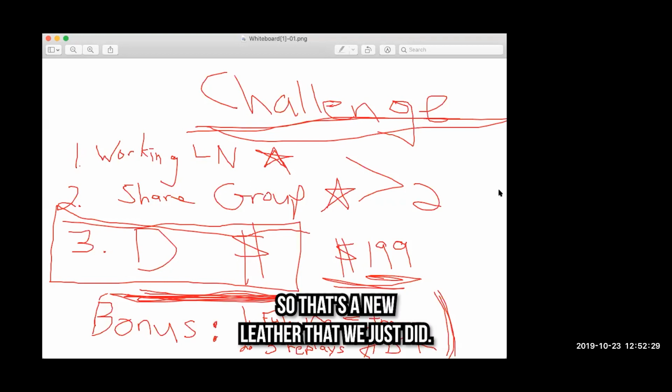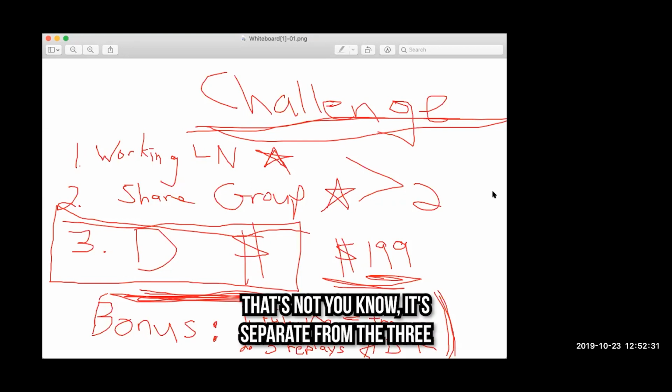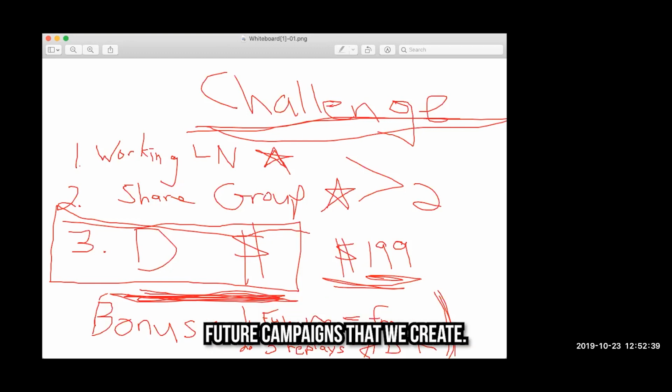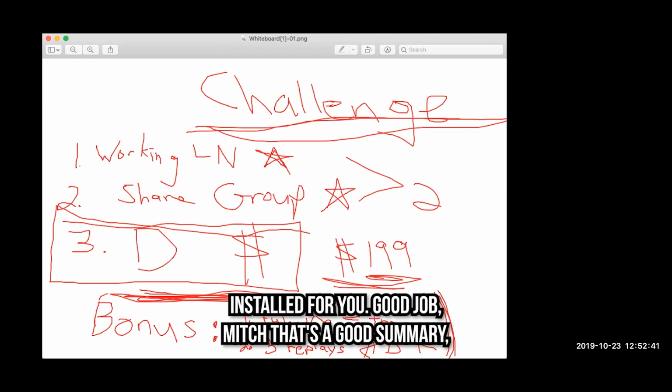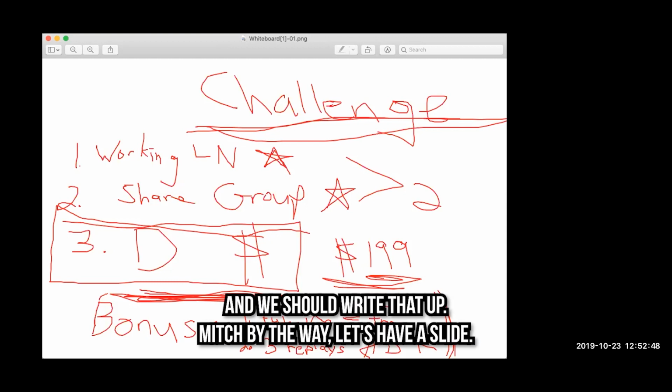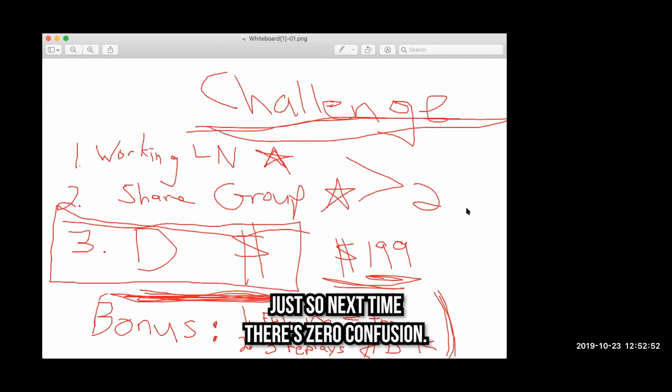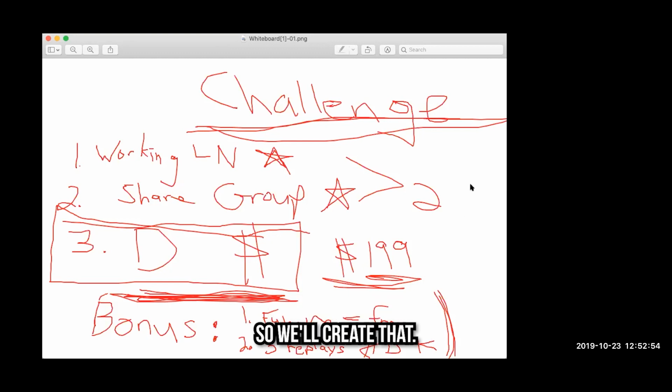That's separate from the 3 workshop replays I just showed you. And you get all of our proven campaigns installed for you, and any future campaigns that we create installed for you. Good job, Mitch. We should write that up. Mitch, let's have a slide deck created for this, just so next time there's zero confusion. So we'll create that so everyone understands.